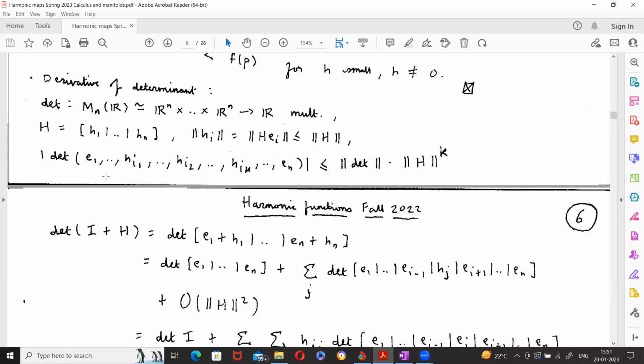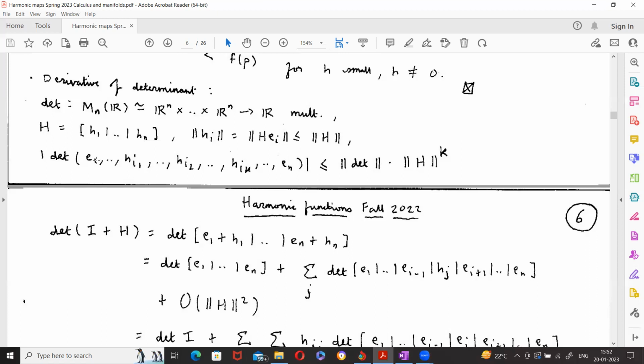Therefore, if I take the determinant of a matrix where k of the columns come from the vectors h_i, of the form h_i1 up to h_ik, and the others are the standard basis vectors, then the absolute value of this will be less than or equal to the norm of the determinant as a multilinear function times the norms of these vectors.